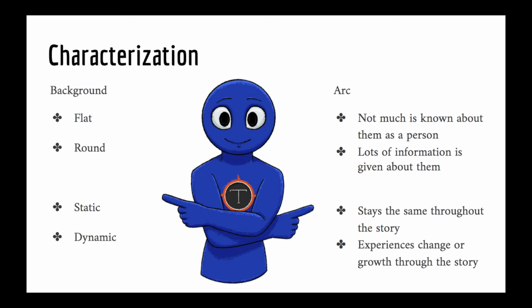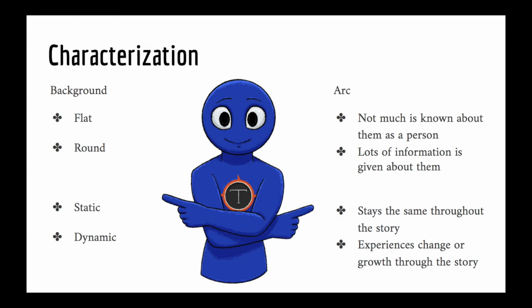An example of this could be a villain that is evil at the beginning, but the hero convinces them to convert to the good side. So they go through a personal change where they change their morals and their actions. Now, like flat and round characters, these 2 terms are opposites, and a character can't be both at the same time. It can't be both a static character and a dynamic character.